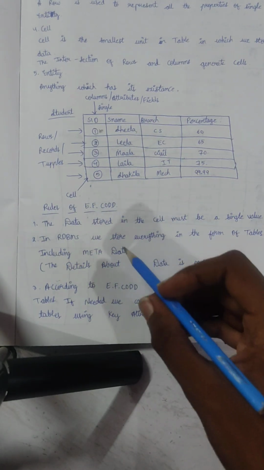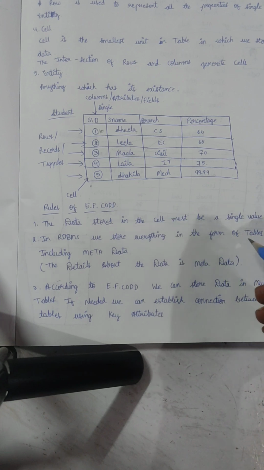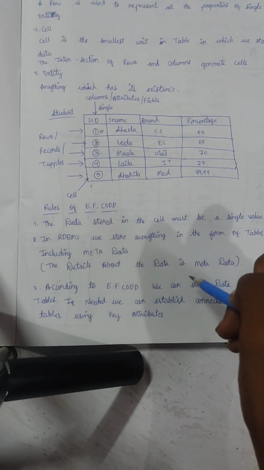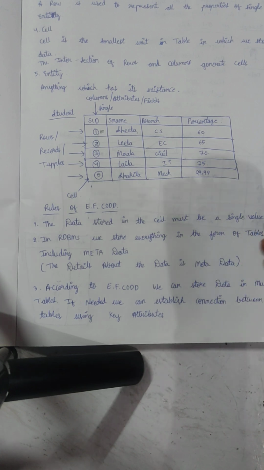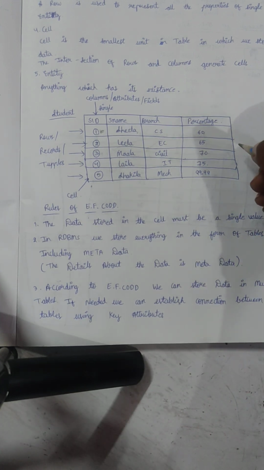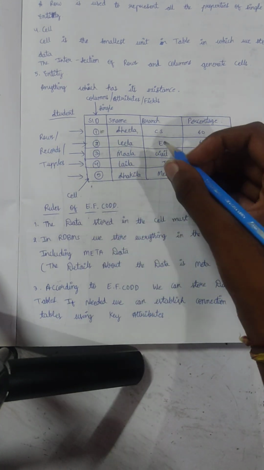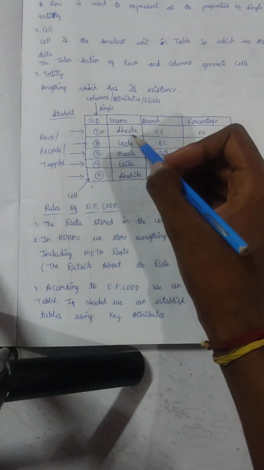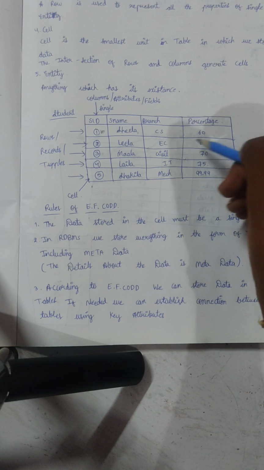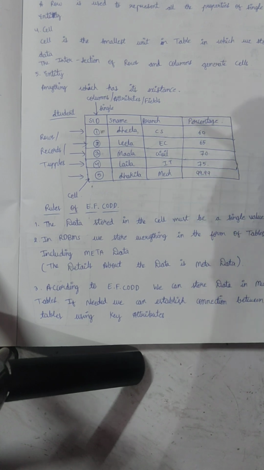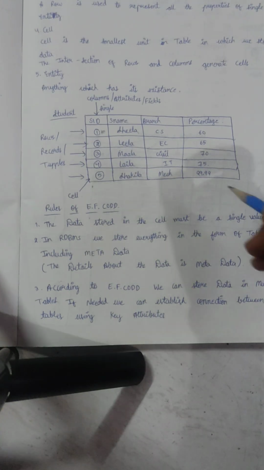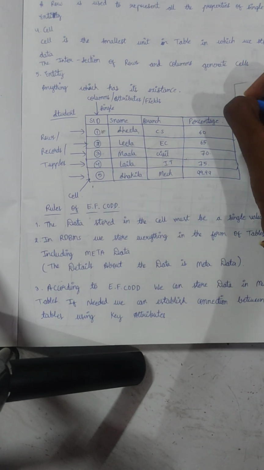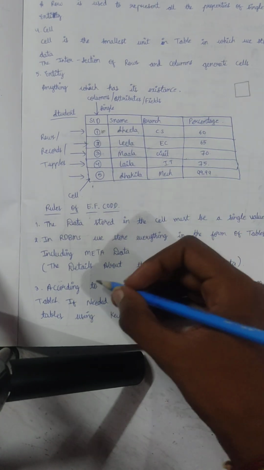The second rule: in RDBMS, we store everything in the form of tables, including metadata. The details about the data is metadata. In this, we are representing that data. We can represent anything in the form of data, as integers or characters or decimal points also. Metadata is data about another data, or details about another data.